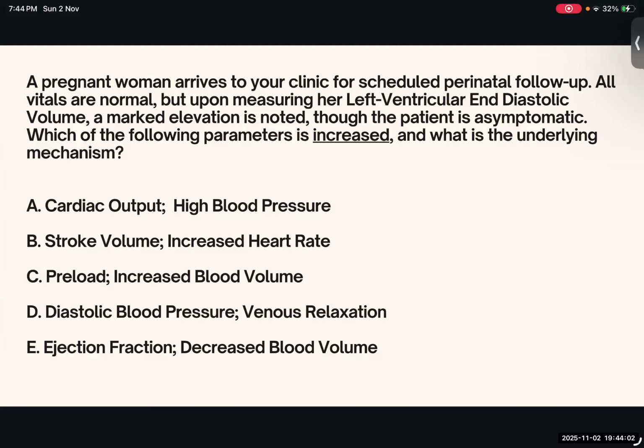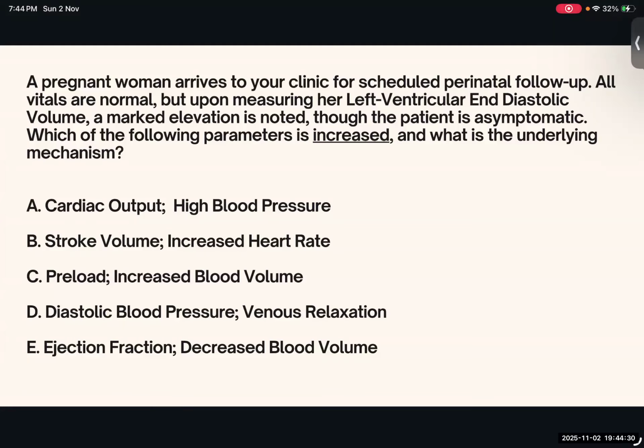Though the patient is asymptomatic, which of the following parameters is increased, and what is the underlying mechanism? Okay, so it's saying here that the left ventricular end diastolic volume is increased. So which of these, when increased, will increase the left ventricular end diastolic volume, and what is the cause of that increase?